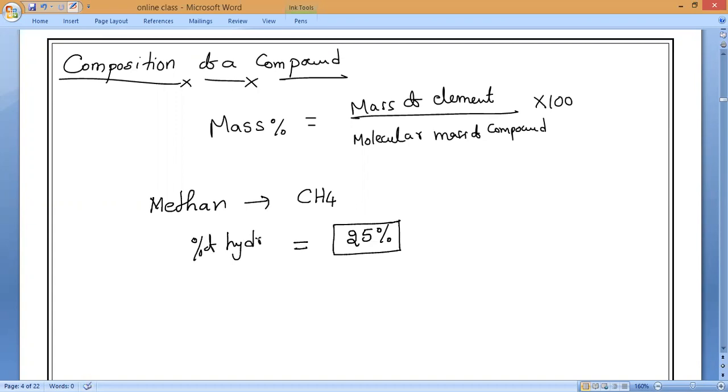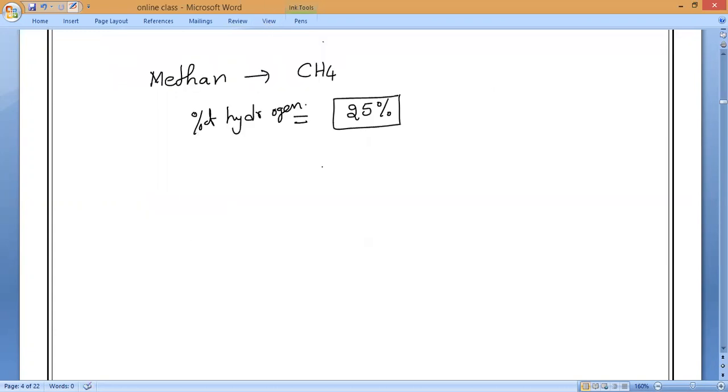Now, in the same way, I have given you a question. The first question is: calculate the mass percentage of hydrogen and oxygen in water. Let us see the mass percent of hydrogen in water.